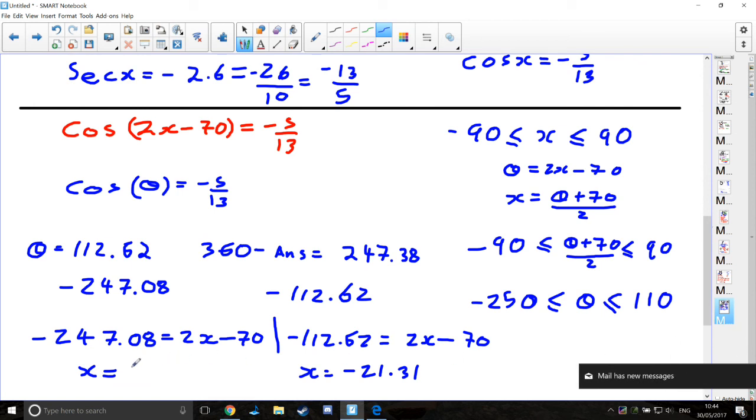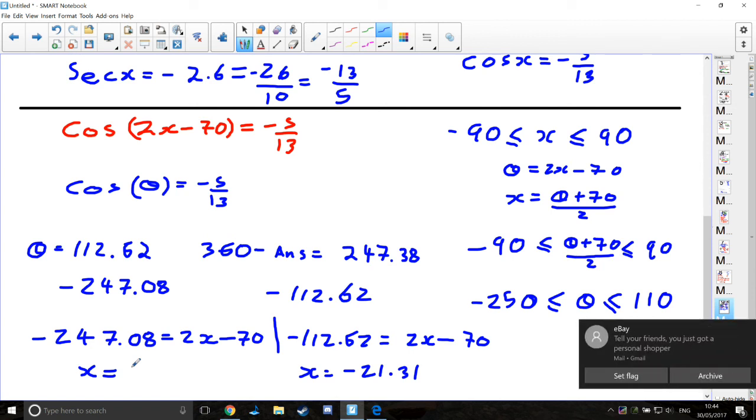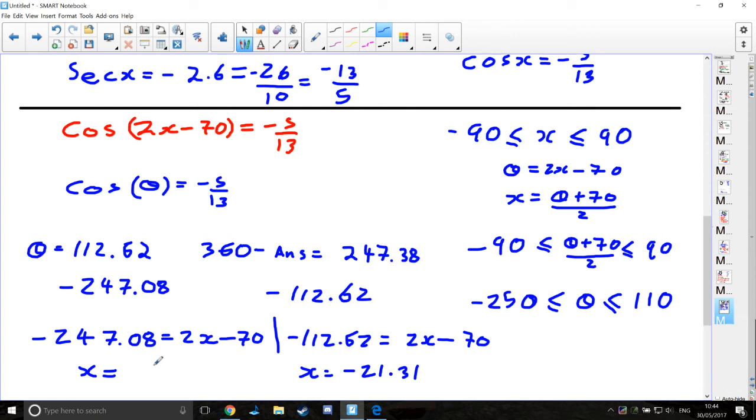Our next one, negative 247.38 is, oh, that may have been written down incorrectly there. Yes, I think I have 112.62 minus 360.